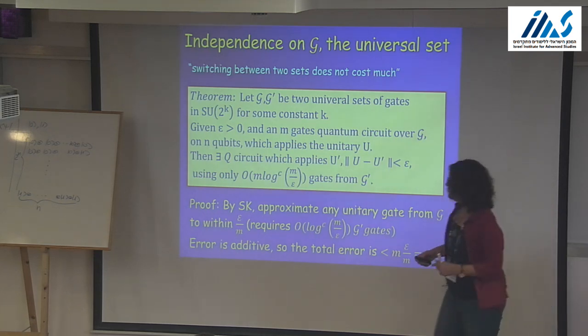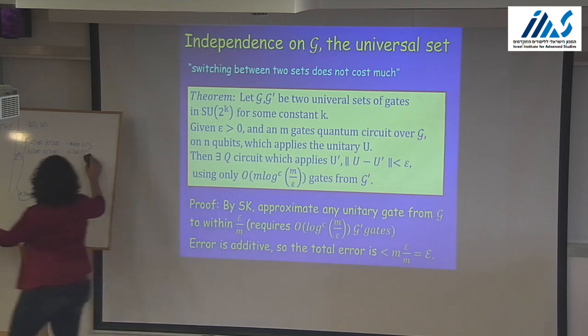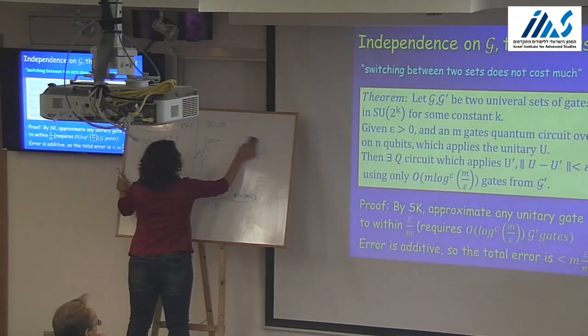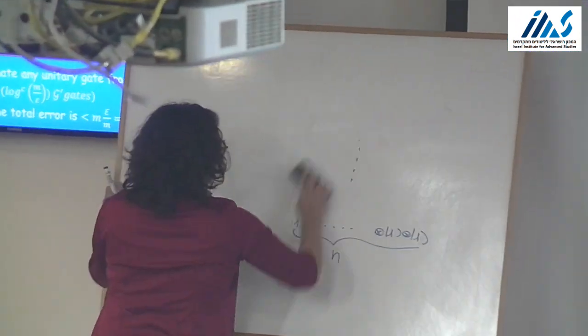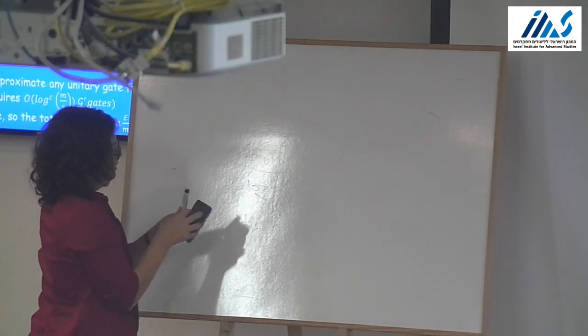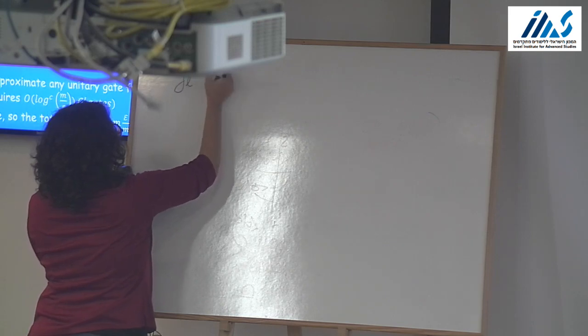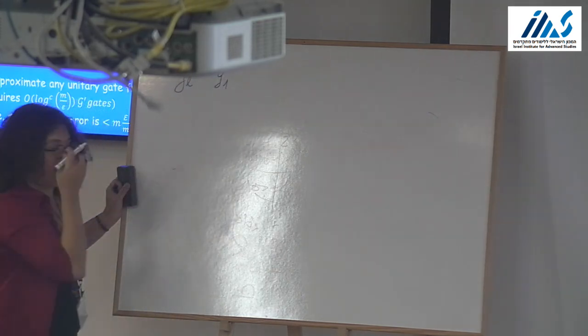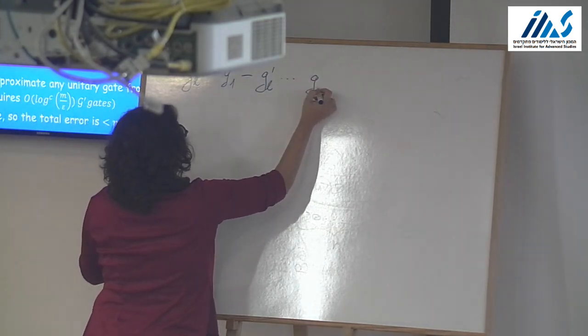So what we have here is a sequence of G_i, that's the desired sequence of gates, and each one is approximated by some G_i prime.